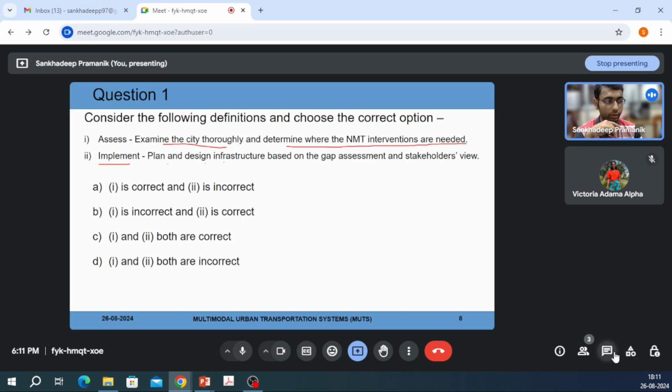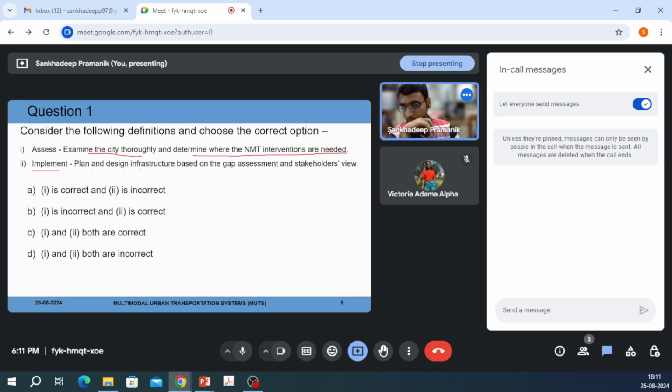You can post in the chat box also. So in this question, assess is examine the city thoroughly and determine where NMT interventions are needed.